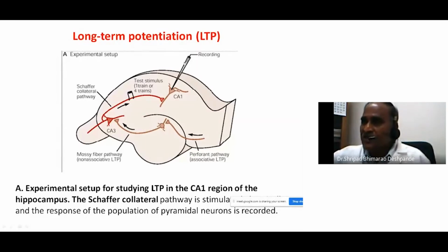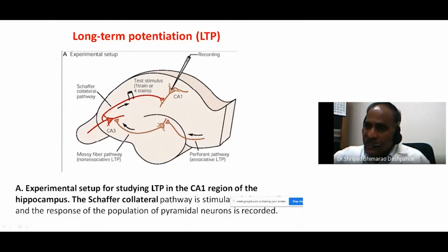The recording electrode is placed in the CA1 region. In the hippocampal slice, we have the CA1, CA2, and CA3 regions. The pyramidal cells in the CA1 region are impaled, and the recording is made from the surrounding area. When we place the recording electrode here, it is connected to a recording device, maybe an oscilloscope.